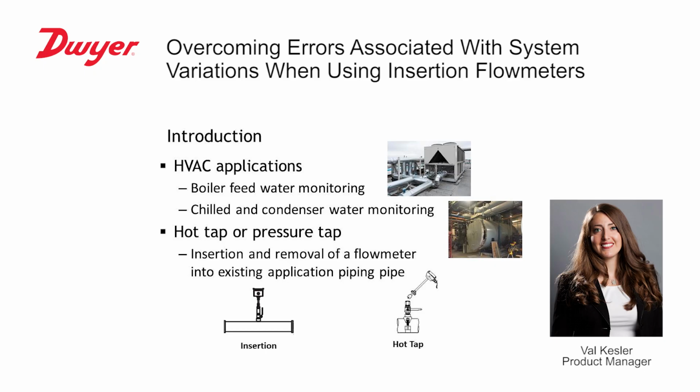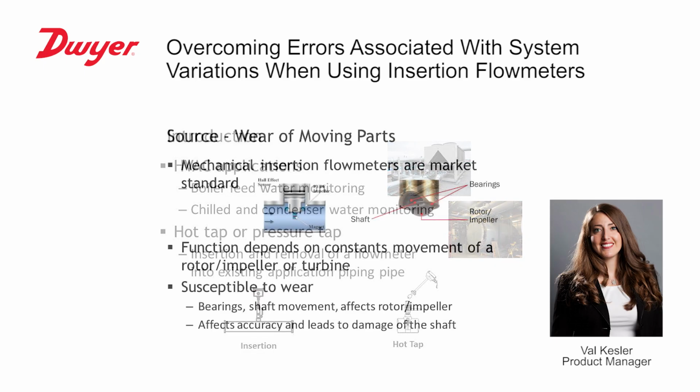So insertion type flow meters lend themselves well to that, because you can utilize them with those isolation valves and easily and seamlessly remove the product without disturbing your flow. There are a lot of costs associated with having to turn down the system, so being able to avoid that is definitely a big plus.